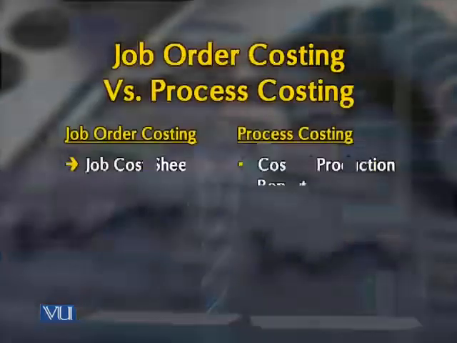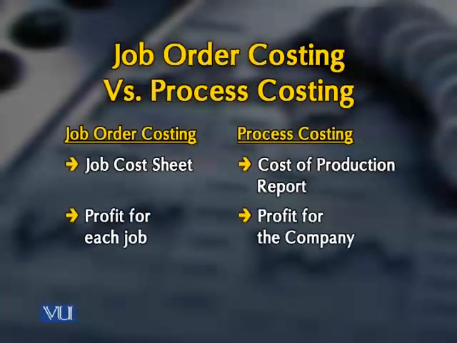Similarly, you add your overhead, and then the total cost you incurred. If you want to charge your customer, normally you add some percentage on top of your cost, and that percentage is the profit you add for the customer. Now, in process costing, we don't prepare a job cost sheet; it is a cost of production report.